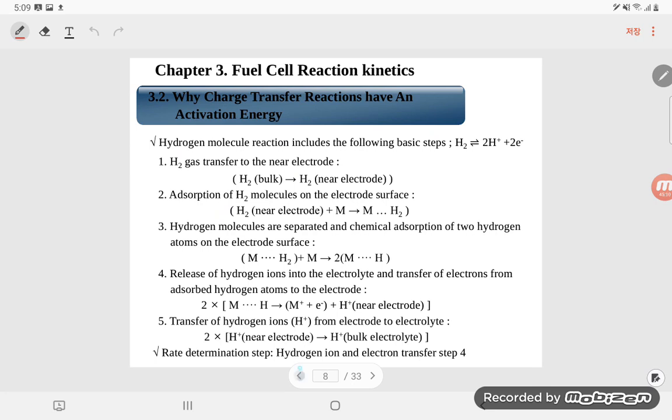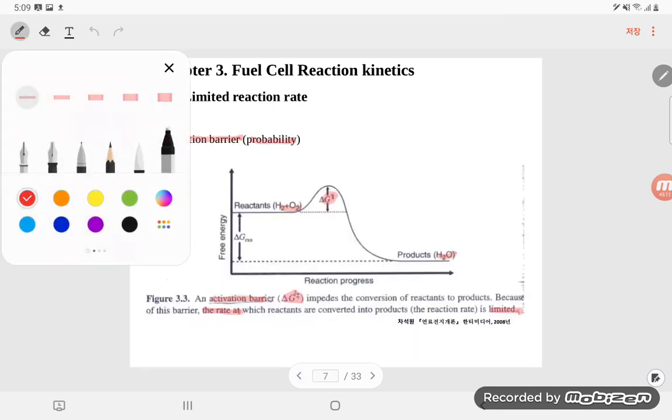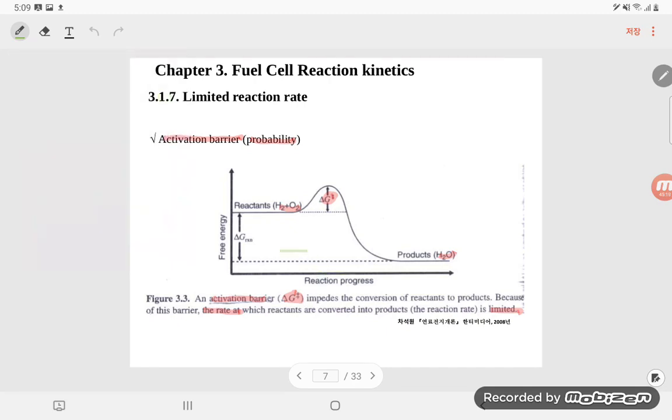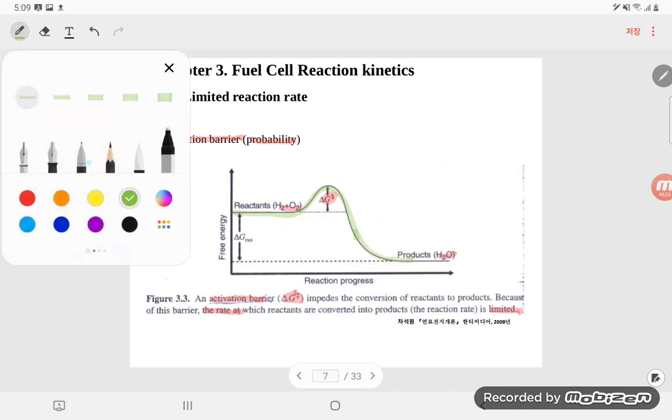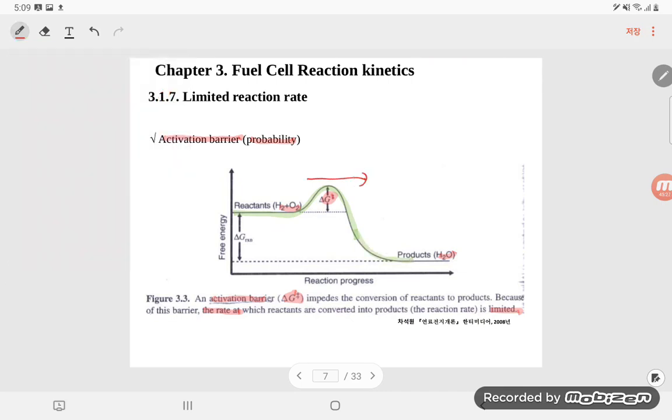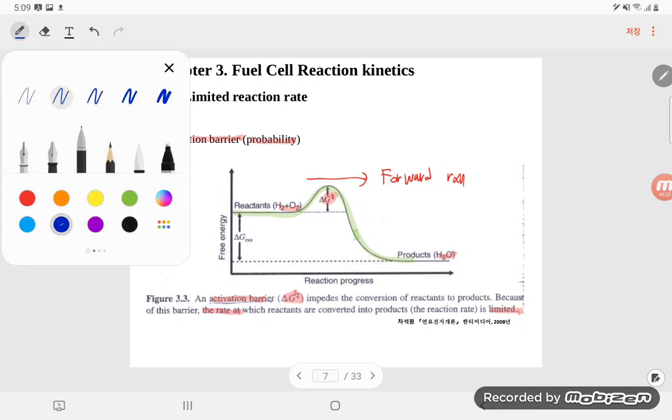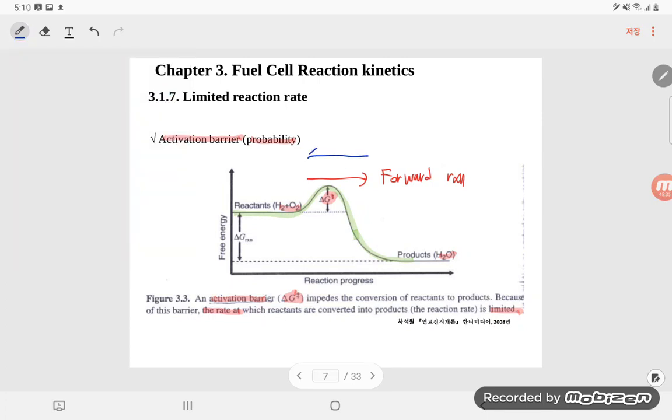So let's check then if there is this graph. Now we see this graph, right? This is the reaction progress. From the left to the right is a forward reaction, and from the right to the left is a reverse reaction.